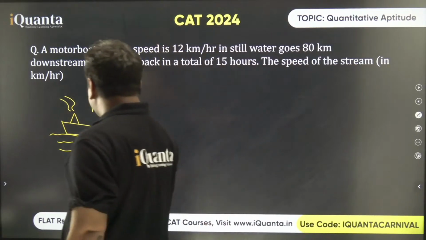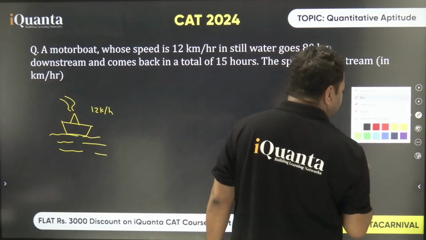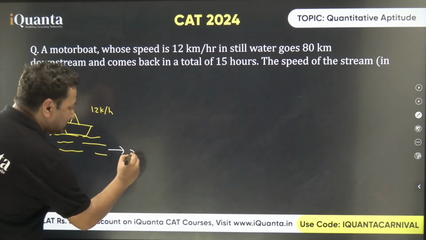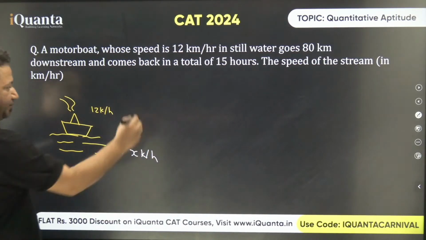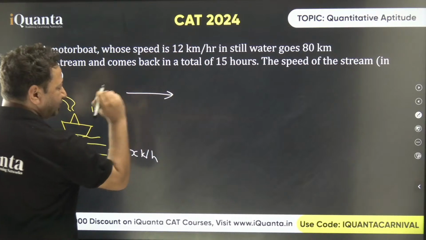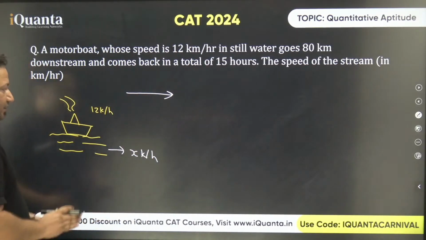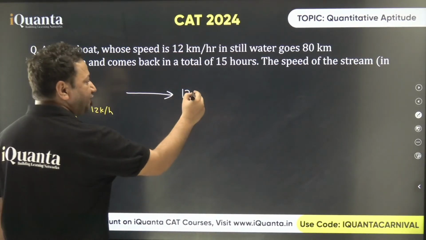Now tell me something. If the speed of stream is, let's say, x kilometer per hour, and the boat is traveling in the same direction of the stream, then the boat will have a relative speed of 12 plus x.